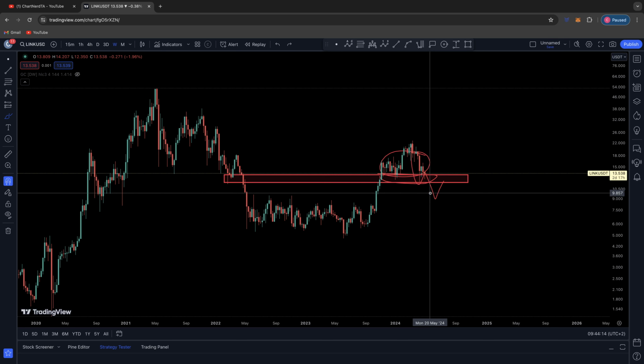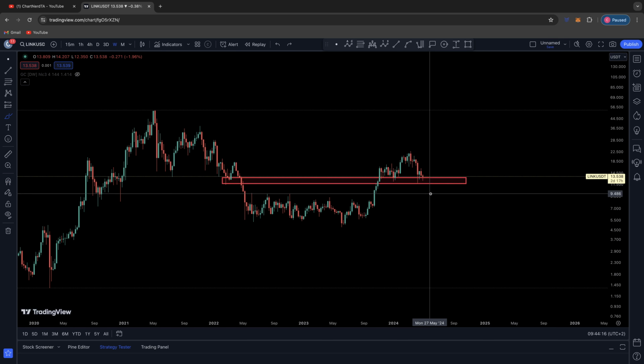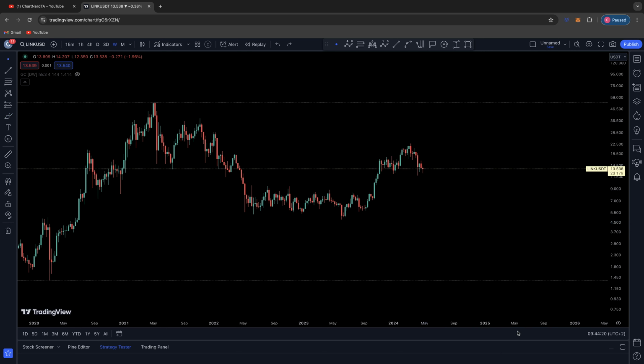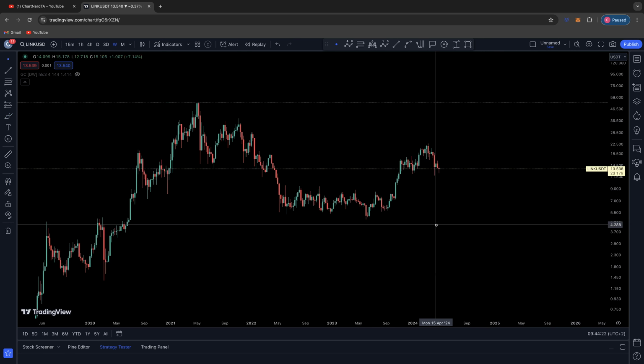Now, that's a potential, and if it does play out, I wanted to look at potential retracement targets for Chainlink, where it could provide us a good entry point on the weekly time frame.